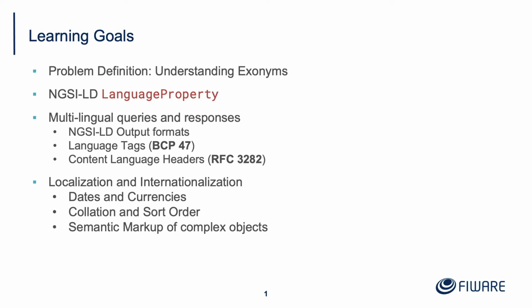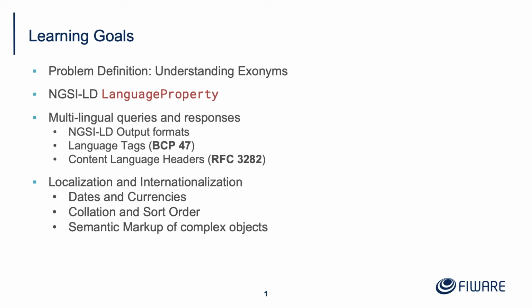It's currently not supported by the context brokers. It's on the roadmap for all context brokers because it's actually in the ETSI spec, and should be available in, say, 6 to 9 months' time, typically. But there are workarounds which can be used using ordinary properties. But I want to explain how the language property will be used, because that will be the way to do it going forward.